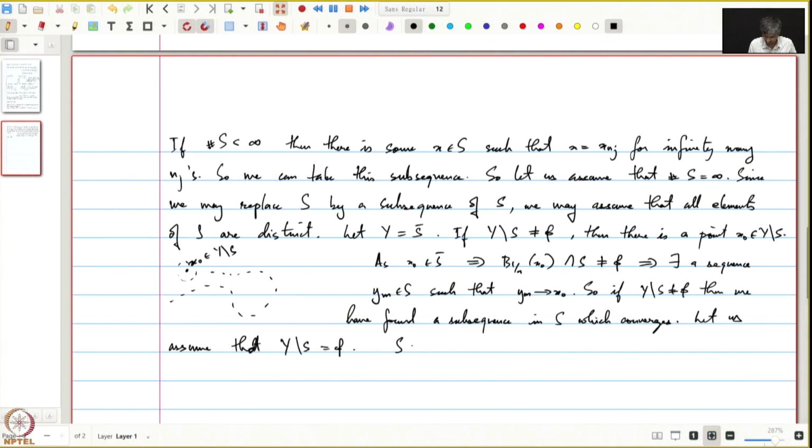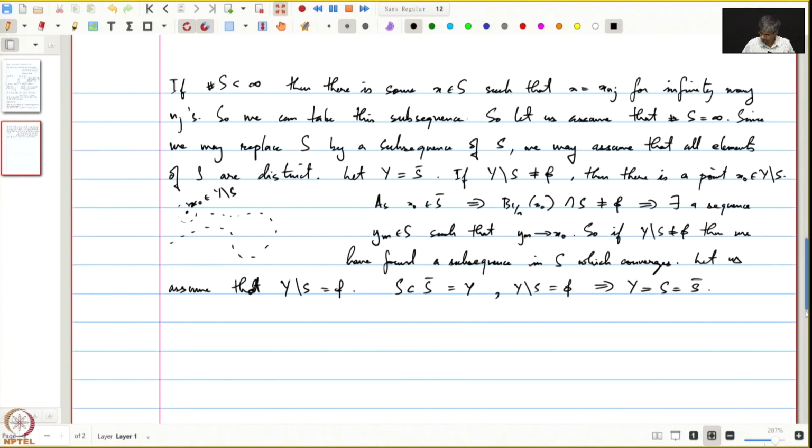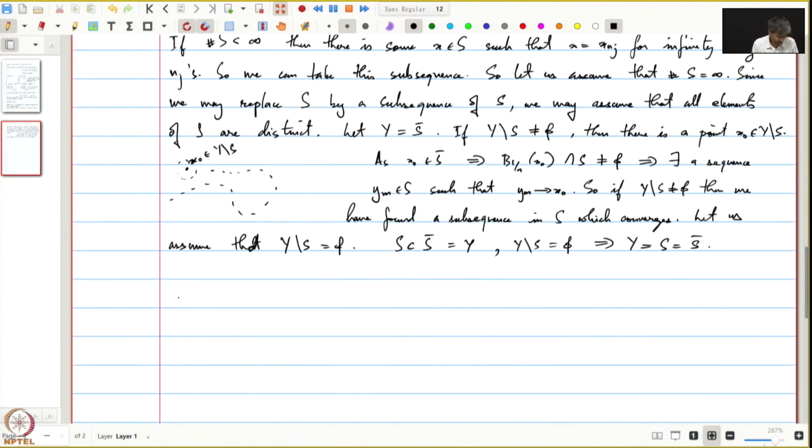So note that S is always contained in S closure, which is equal to Y, and Y minus S is empty implies that Y is equal to S closure, right?